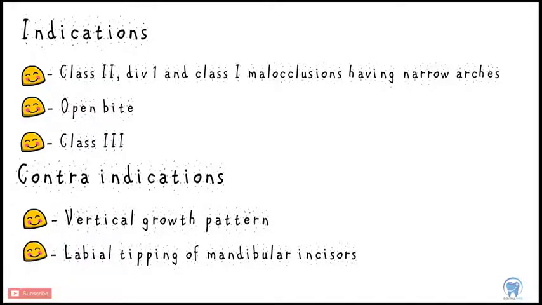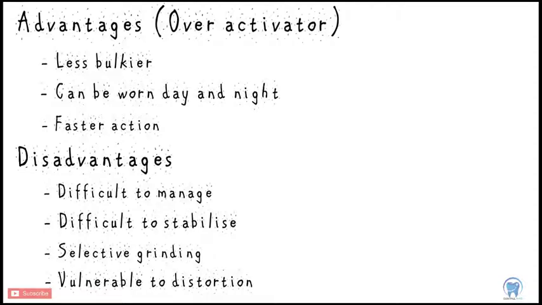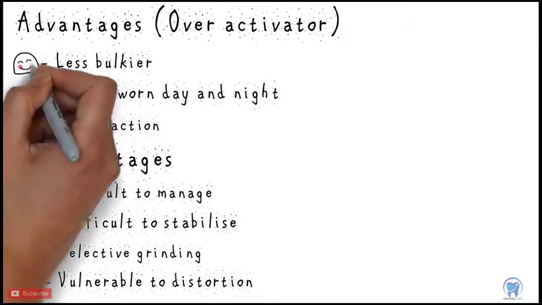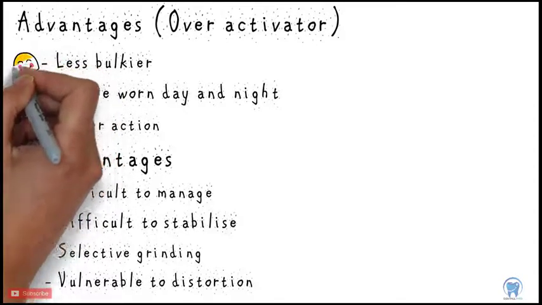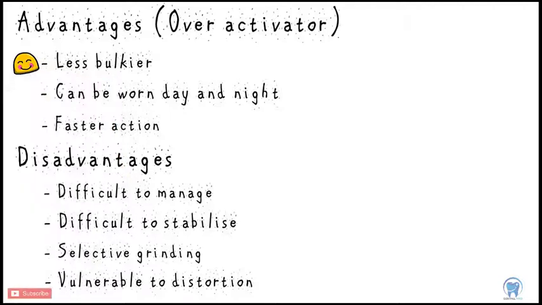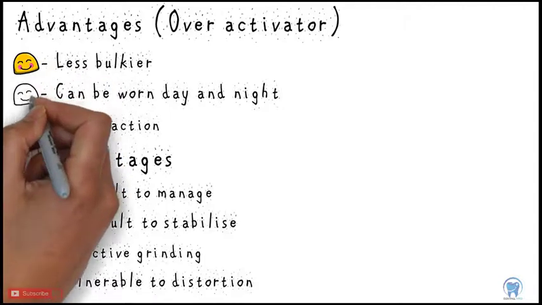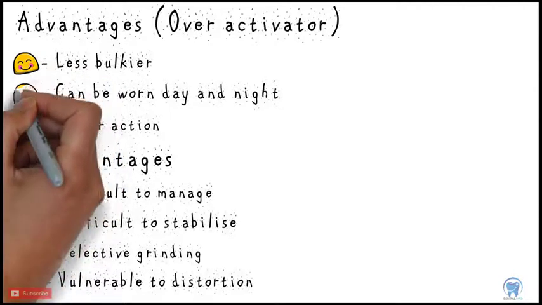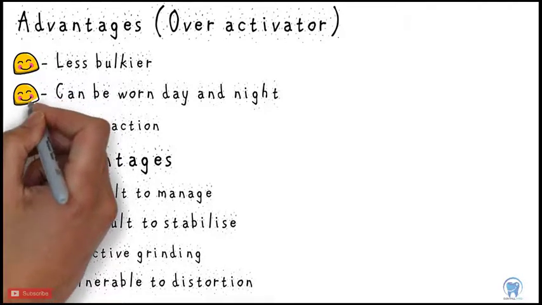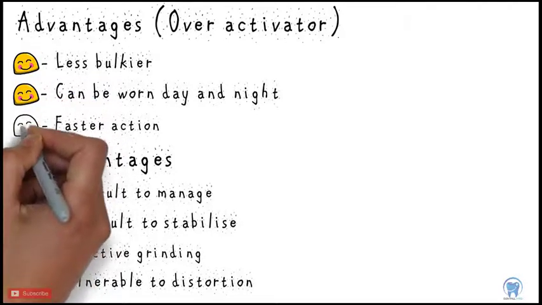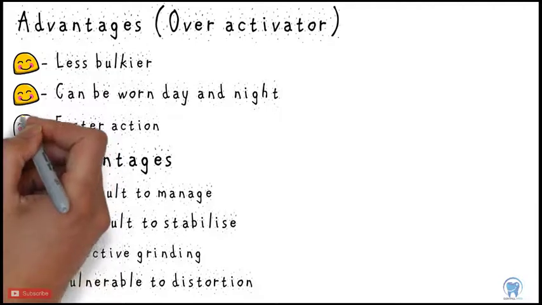Now let's discuss the advantages and disadvantages. The advantages of a bionator over an activator include that it is less bulky, also that it can be worn day and night, and also that it is faster in action.